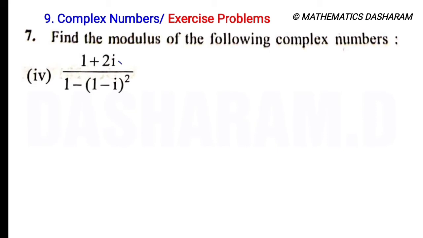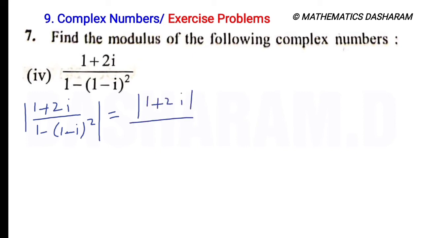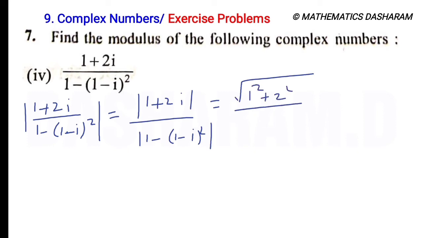Fourth question, 1 plus 2i divided by 1 minus i whole square. So now apply the mod for the numerator and the mod for the denominator. Mod 1 plus 2i is root 1 square plus 2 square, and an individual mod for 1 minus i whole square is not possible because it is a minus symbol. So we need to simplify: 1 minus i whole square means 1 square plus i square minus 2 into 1 into i.